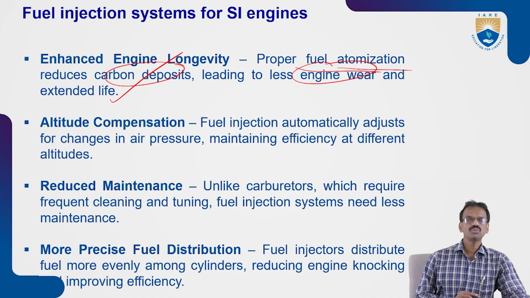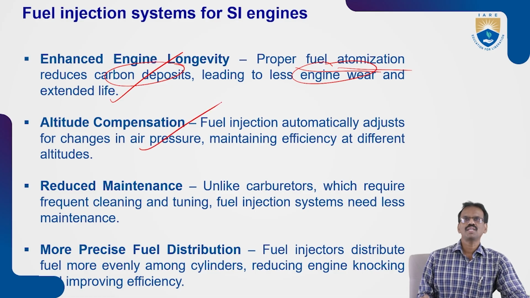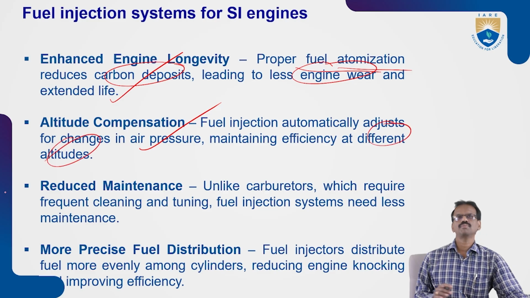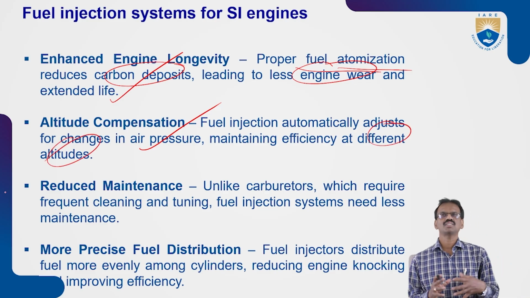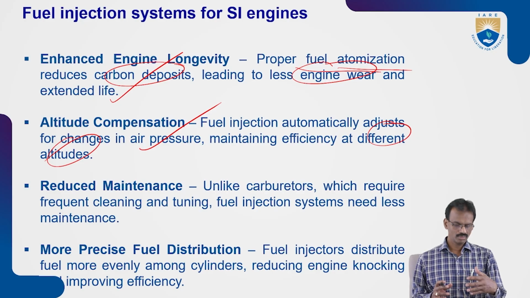So next, altitude compensation also. Fuel injection automatically adjusts to the change in air pressure, maintaining efficiency at different altitudes according to the system conditions. Based upon the sensor signals, it supplies the air-fuel mixture.